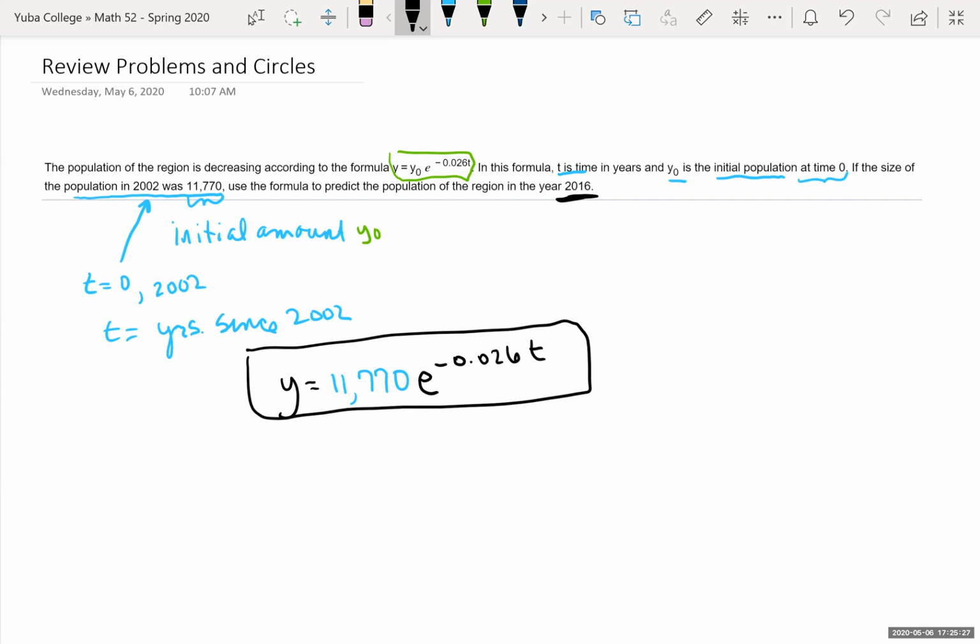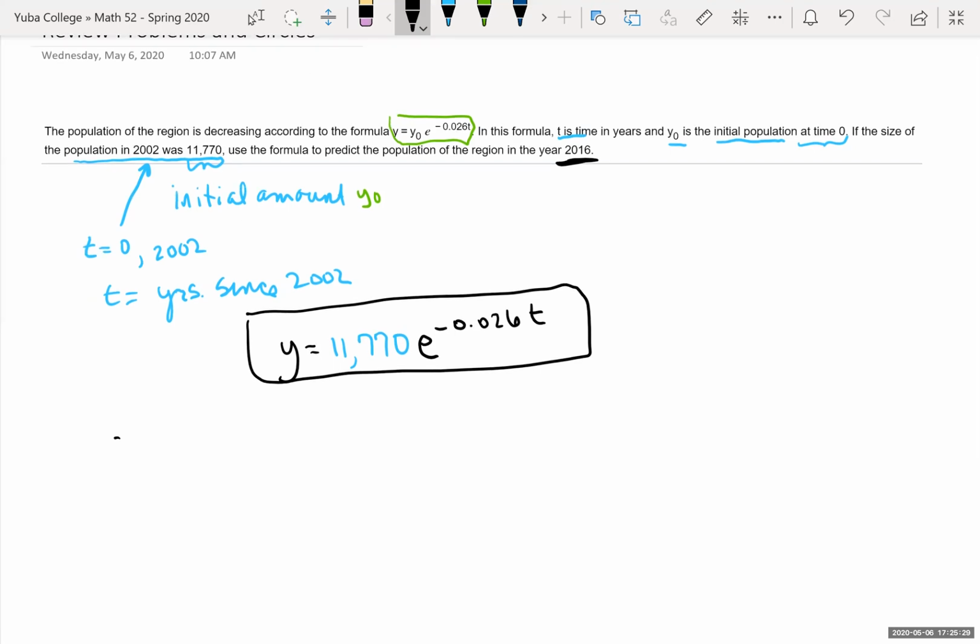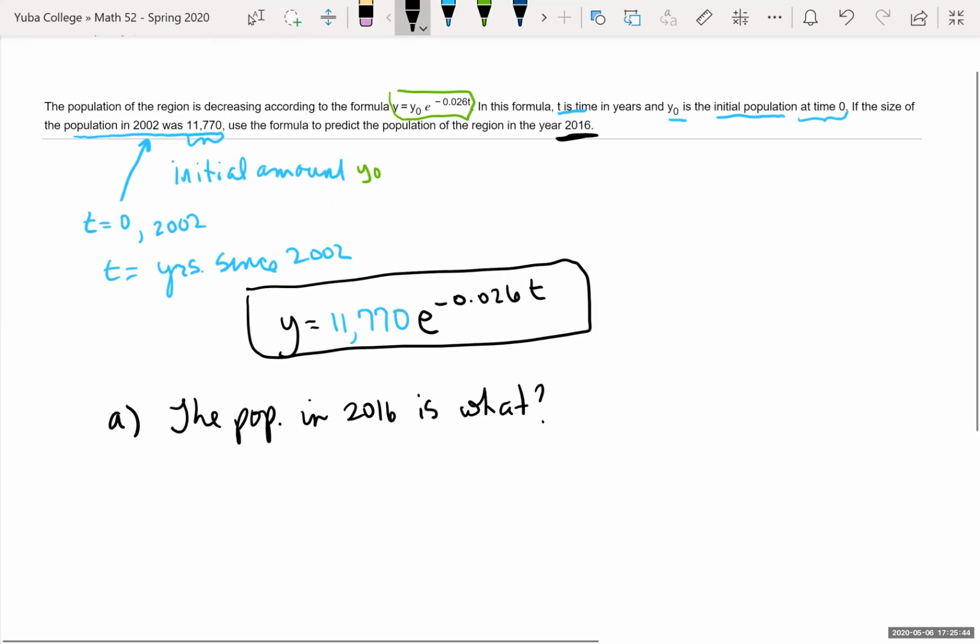So let's first look at the population in 2016. So all you're doing is figuring out how many years we have between 2016 and 2002.